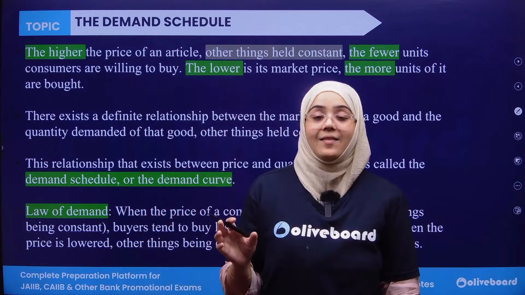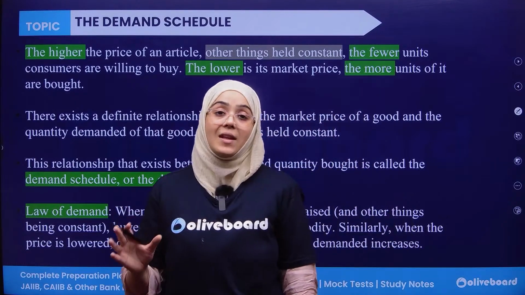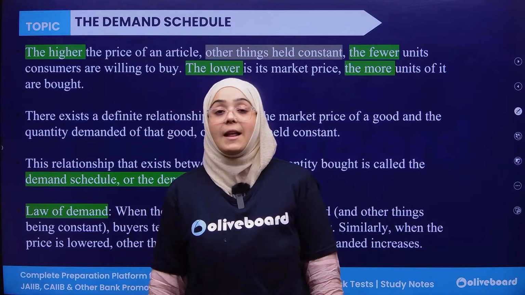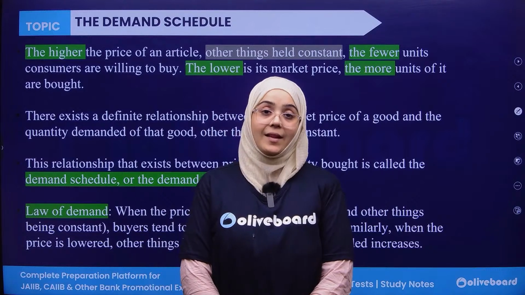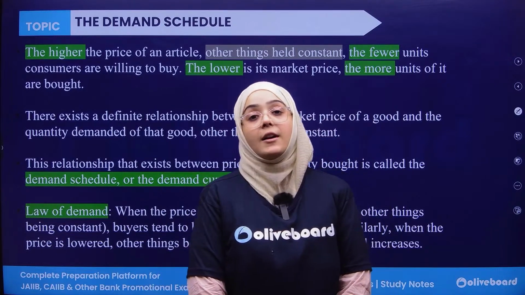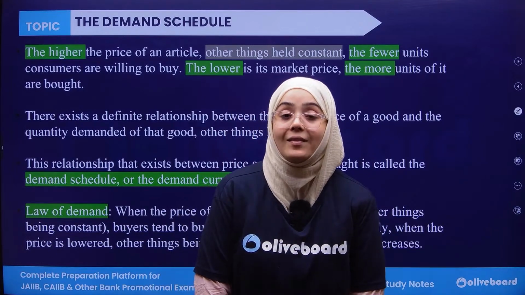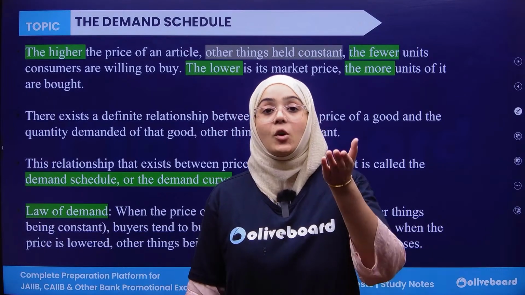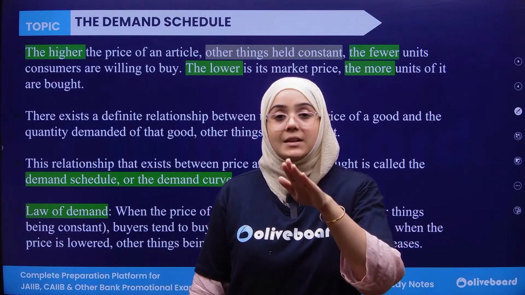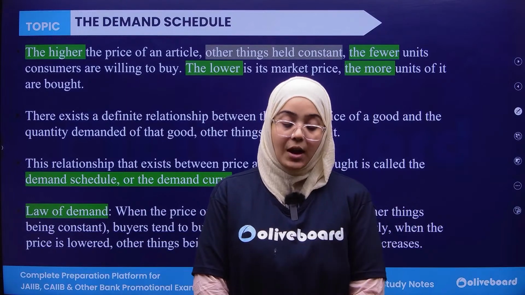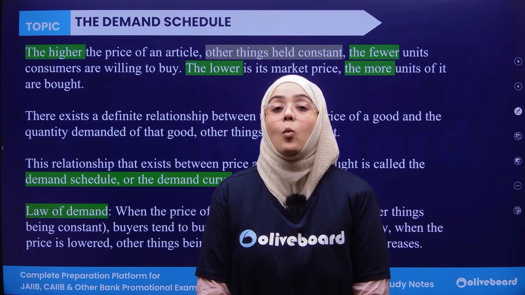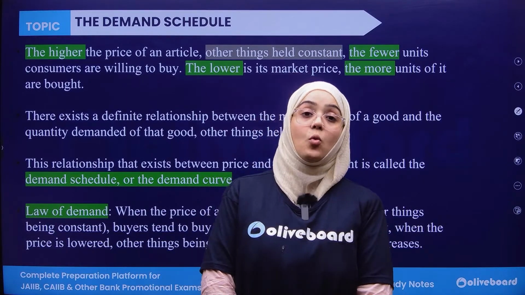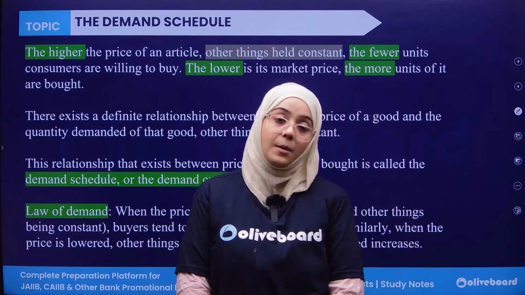The law of demand says that whenever the price of a product increases, the quantity demanded for that product decreases, and vice versa. This is known as the law of demand.